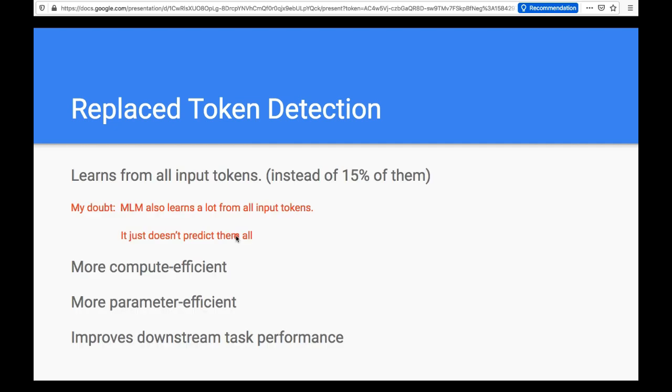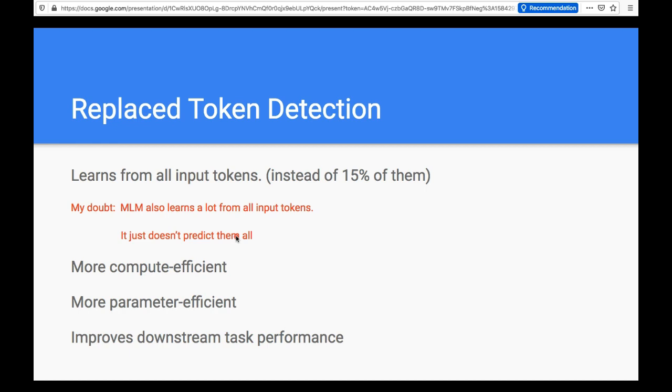Replace token detection. So let's understand this mechanism a little bit more. It learns from all of our input tokens instead of just 15% of them. As I said, BERT just tries to predict those 15% of tokens which are masked.